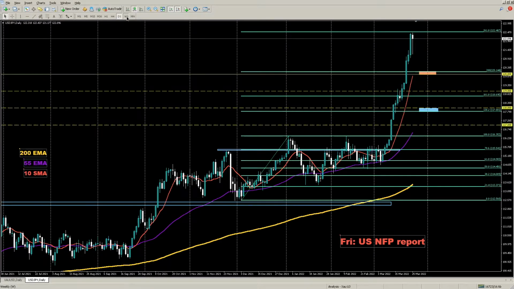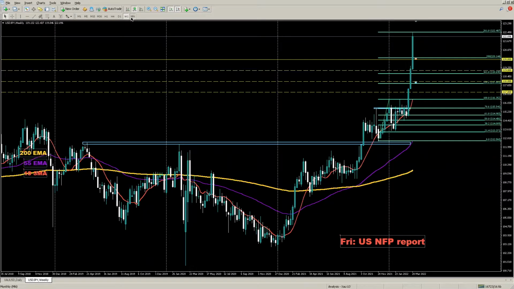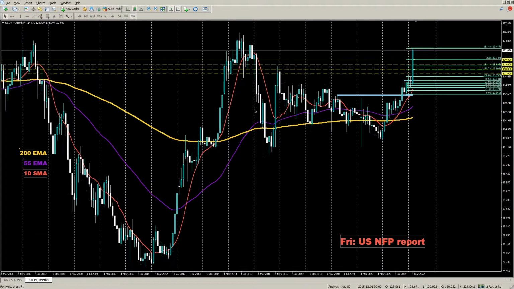Let's take a look on the weekly time frame and the monthly, and that has not been reached since early 2016. Yeah, early 2016, in March 2016, that's already 6 years ago.